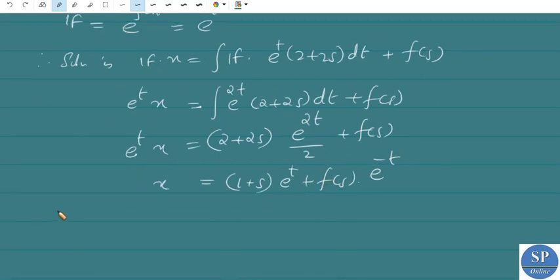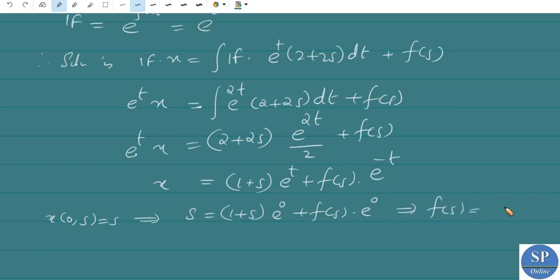Our initial condition for x is x of 0 equal to s. From this we have s equal to 1 plus s into e power 0 plus f of s into e power 0. So f of s is equal to s minus 1 minus s, so this is minus 1.